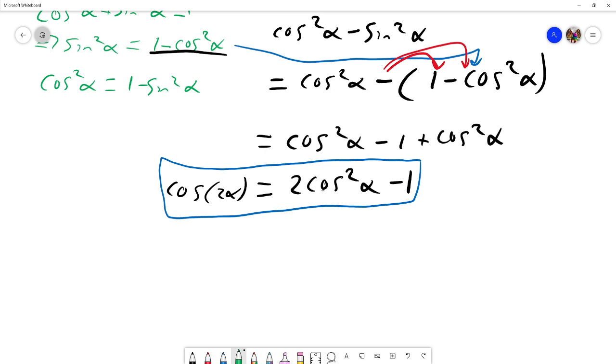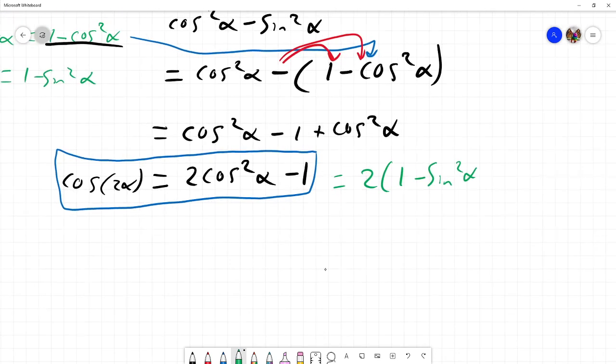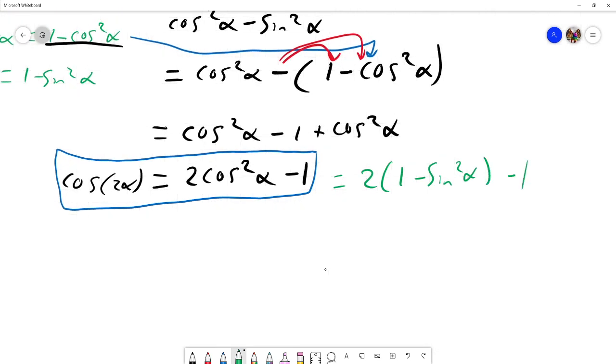So this 2 cosine squared alpha minus 1 is the same thing as 2 times the quantity of 1 minus sine squared alpha, and the quantity minus 1. We're just plugging in this 1 minus sine squared in for cosine squared.